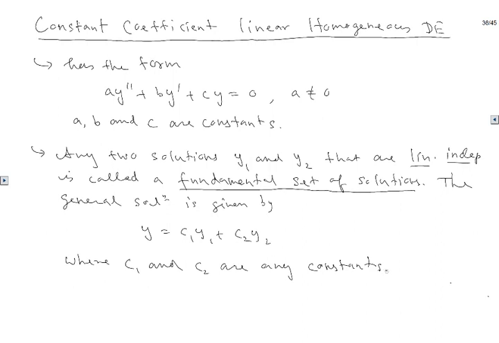So that's the major theory part. We call any two solutions that are linearly independent a fundamental set of solutions, and if you know this is a fundamental set of solutions, then we can write the general solution as y equals c1 y1 plus c2 y2.